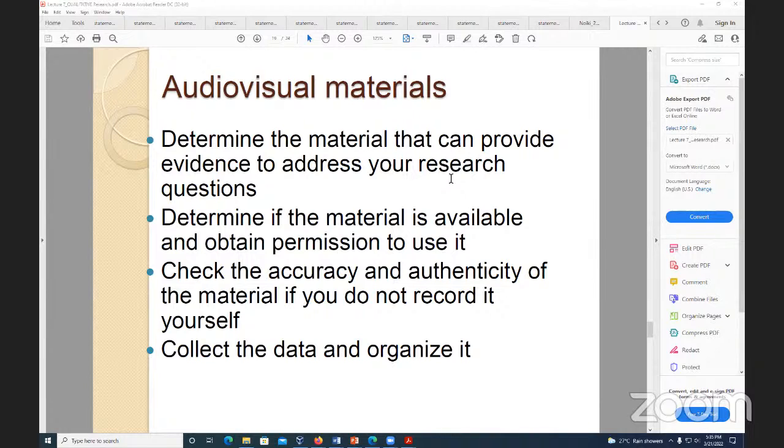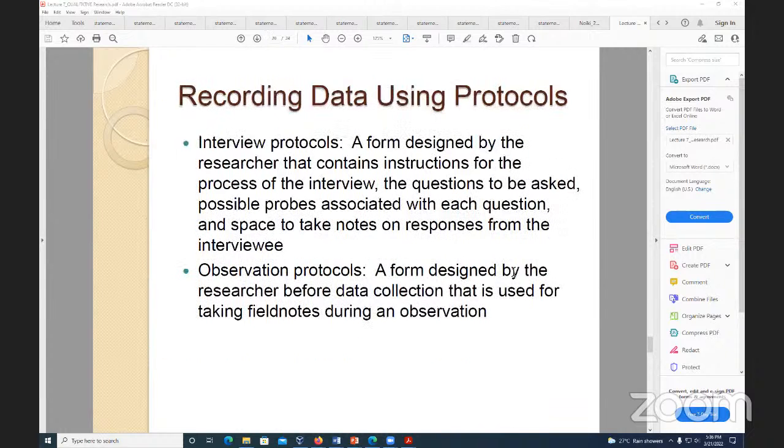Obviously you always need permission, and you check whether it's accurate, because the answers to research questions are only going to be as good as the quality of the data. And then you're going to need to analyze the data in order to see if there's anything useful.